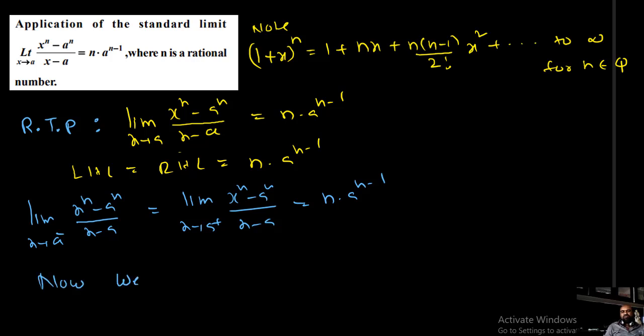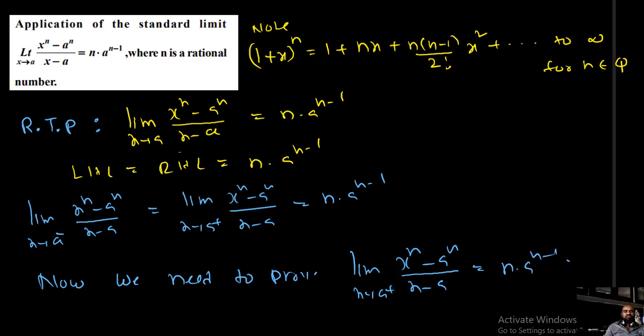we need to prove the limiting value of (x power n minus a power n) by (x minus a), where x tends to a plus, equal to n into a power n minus 1. Next page I will write, students.